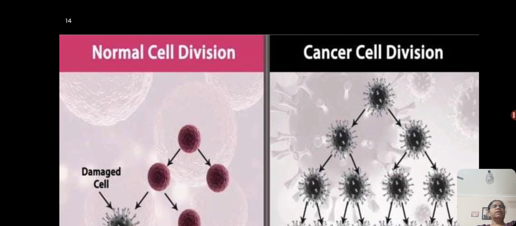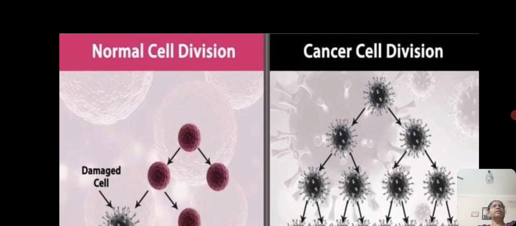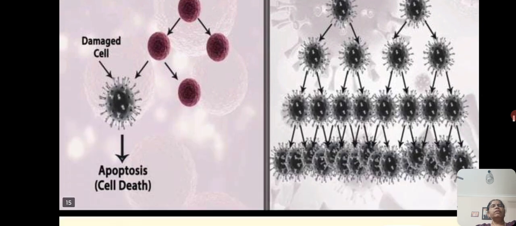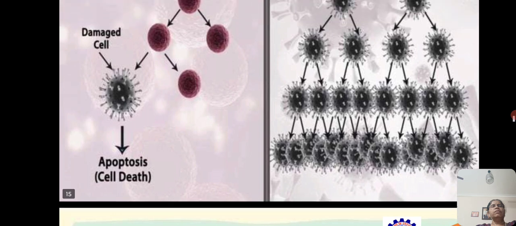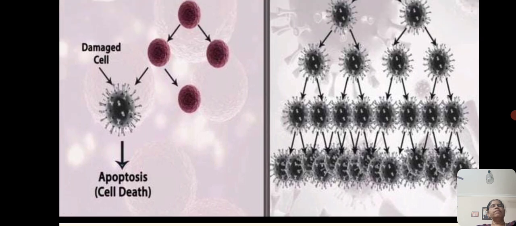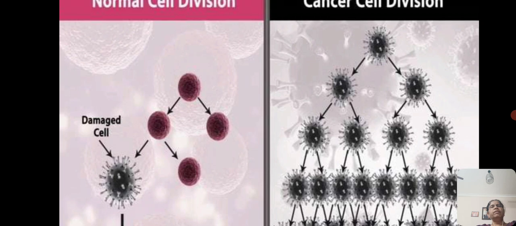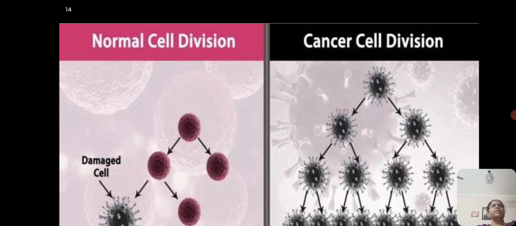See the normal cell division and the cancer cell division. What is the difference? Look into this picture, on the left side. If the cell gets affected, the cell gets damaged, so that cell dies. So this is normal cell division.